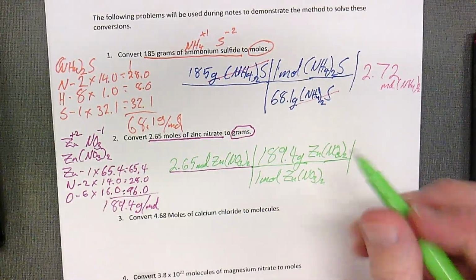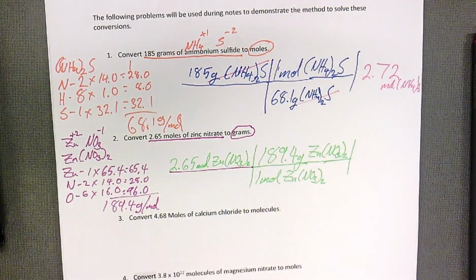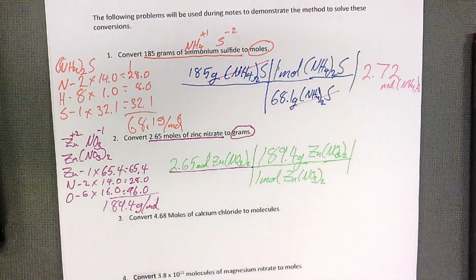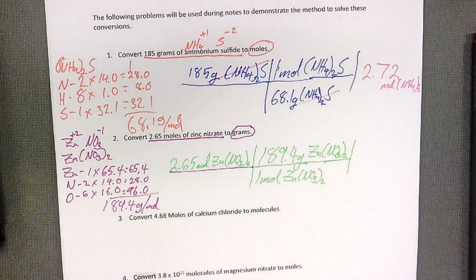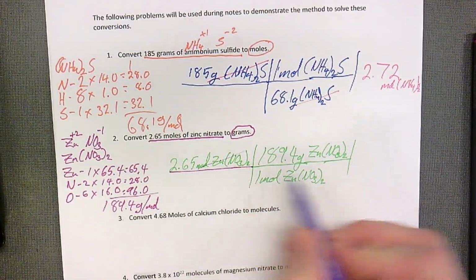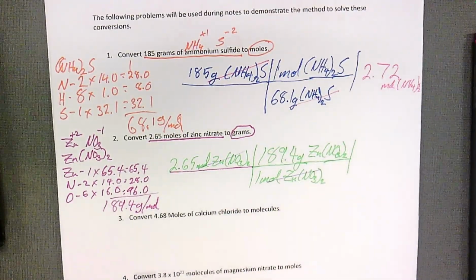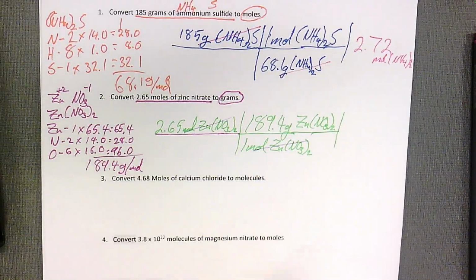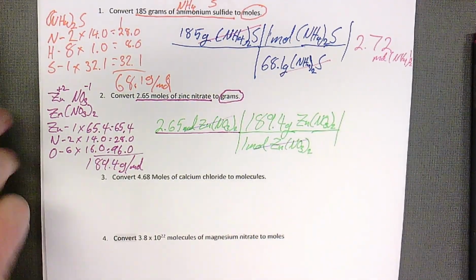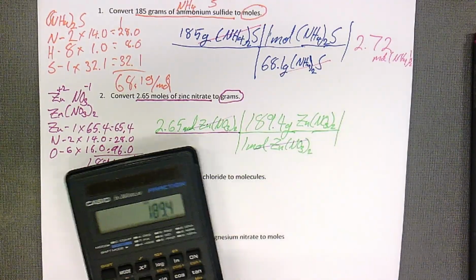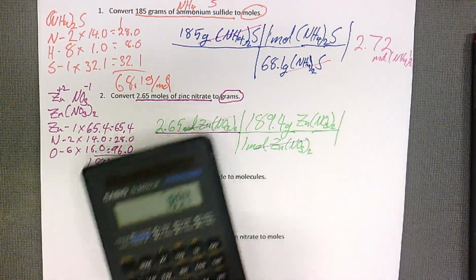And then what can we cancel? Which unit? The moles of zinc nitrate. All right, we cancel the moles of zinc nitrate. So now we're just going to multiply the top and then divide by 1. If you divide by 1, does it change? Nope.